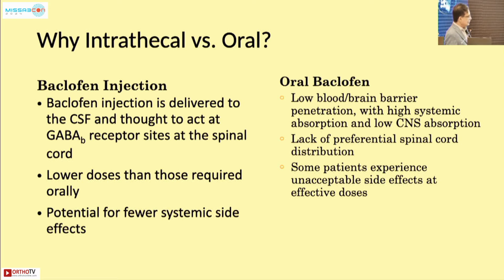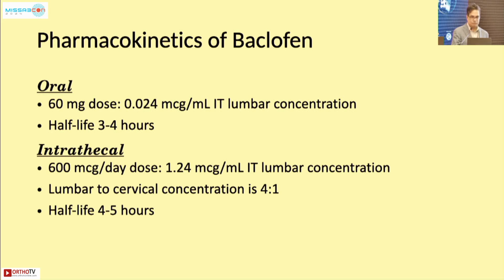Whereas the intrathecal baclofen directly goes into where we need it to work, and therefore potential for fewer systemic side effects. Whereas a 60 milligram per day oral dose produces only a 0.024 microgram per ml concentration in the lumbar thecal space, the intrathecal injection of 600 microgram per day dose produces a 1.24 microgram concentration.